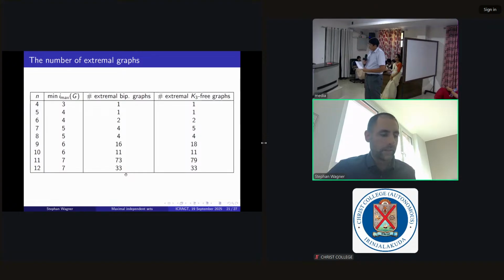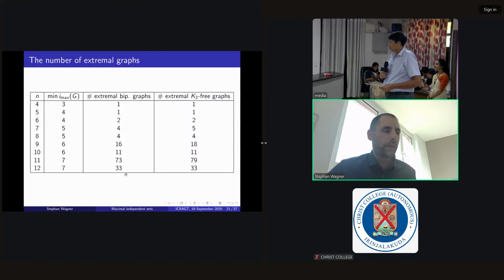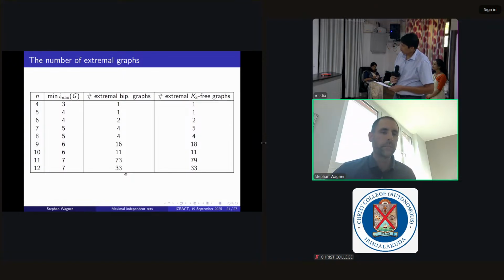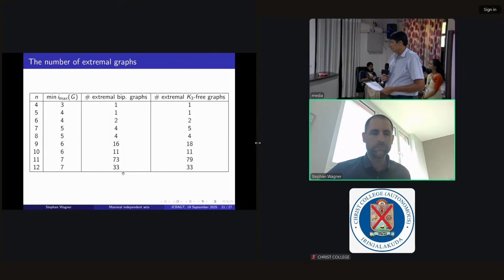Counting independent sets, different types of independent sets, does occur in different areas. For example, in the hard square model of statistical physics, it has even been studied in a theoretical chemistry context. But the motivation for what we did here specifically was purely mathematical.